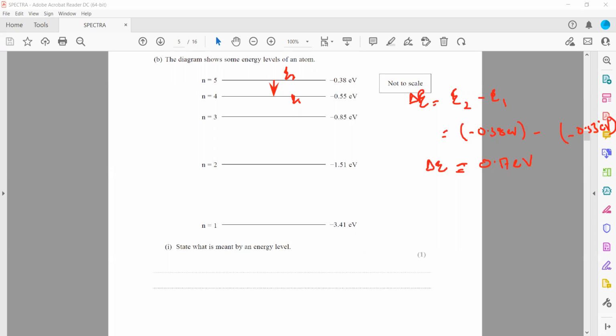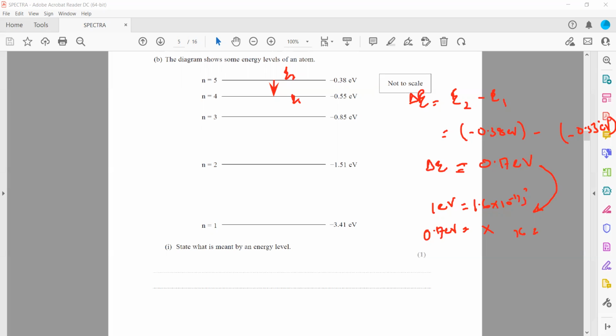So 0.17 electron volt is there, but as I mentioned, whenever you are finding a frequency using E equals hf, the energy should be in joule. So we have to convert into joule by using a formal ratio. 1 electron volt is 1.6 times 10 to the power minus 19 joule. So if you have 0.17 electron volt, this will be x joules. When we cross multiply, this will come out as 0.17 times 1.6 times 10 to the power minus 19.